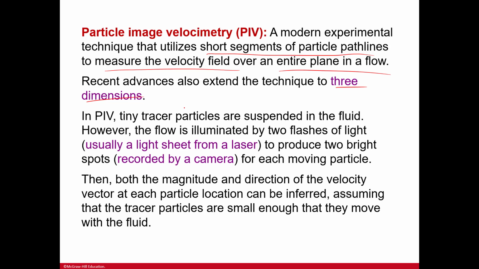It can be a light sheet from a laser to produce 2 bright spots, and then it's recorded by a camera for each moving particle, and it would be those tracer particles. Then both magnitude and direction of the velocity vector can be inferred.